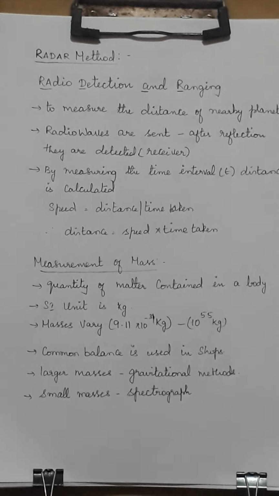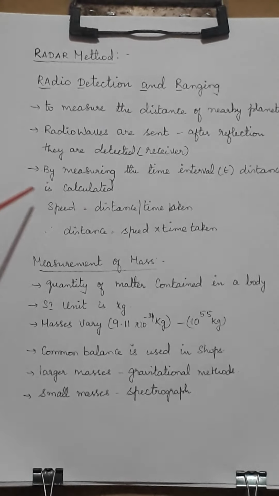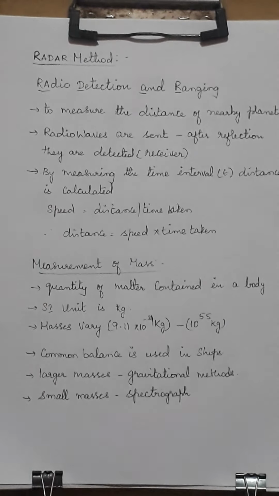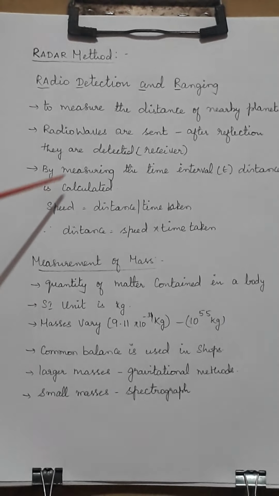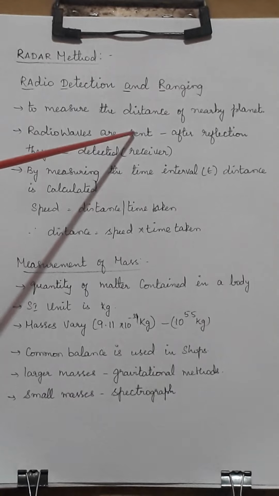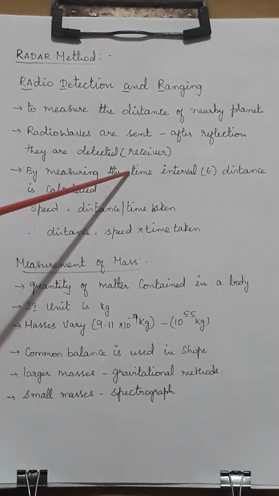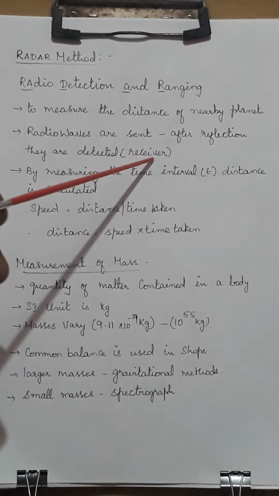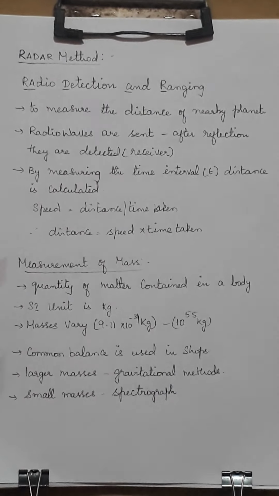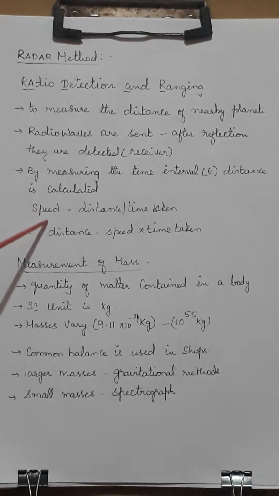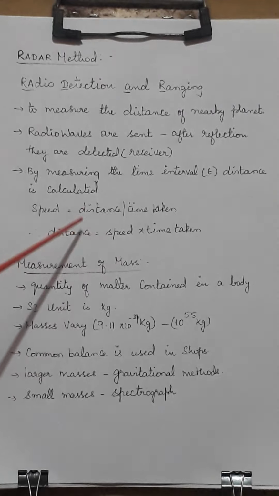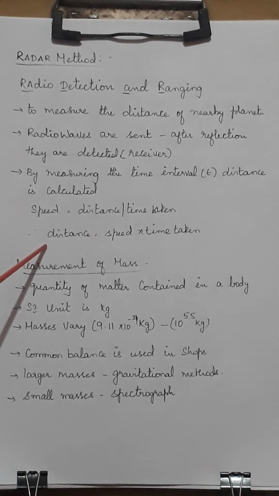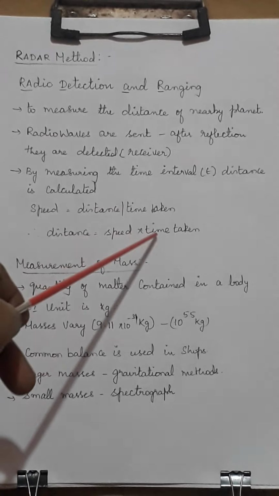Generally, it is sent at the velocity of light. So when I know the speed, I can find out the time interval between the transmitter and receiver. So naturally, speed is equal to distance by time taken. So from here, I arrive that distance is equal to speed into time.